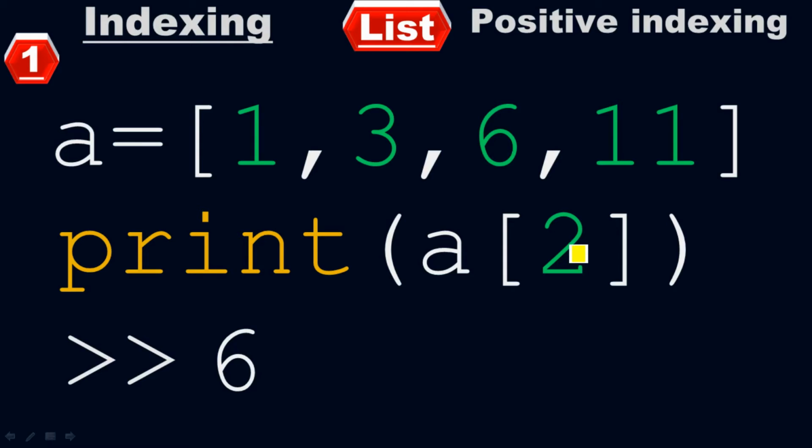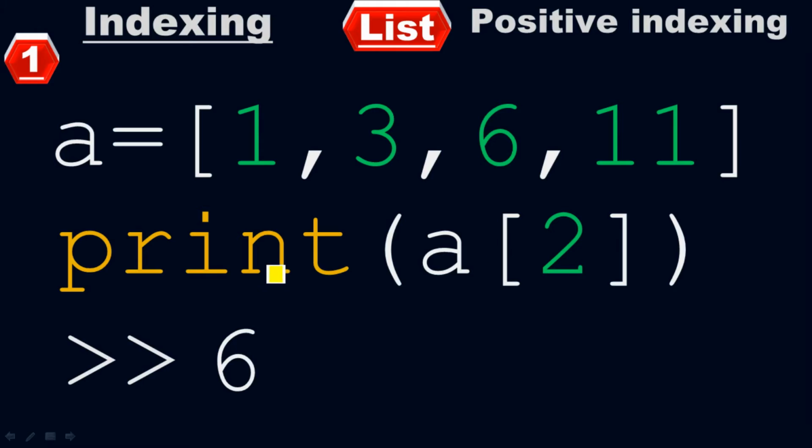We already know that positive indexing starts from 0: 0, 1, 2, 3. So the index value in the memory for 1 is 0, the index value for 3 is 1, and the index value for 6 is 2. So at index value 2 we have 6. Therefore, when you run this program, it will return 6 because 6 has index value 2 in the computer memory.